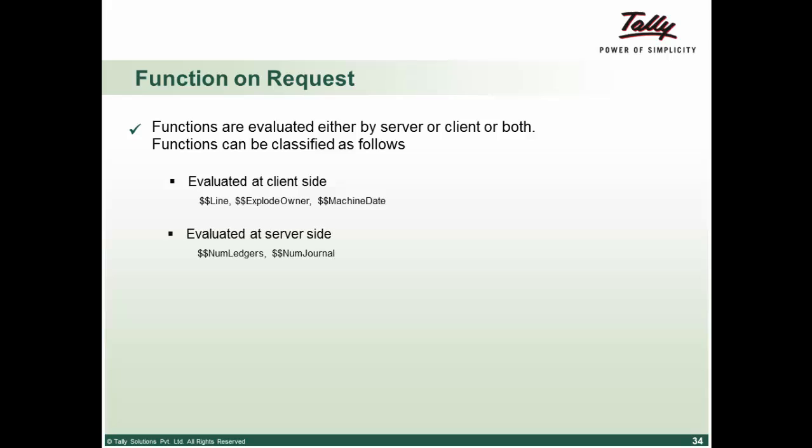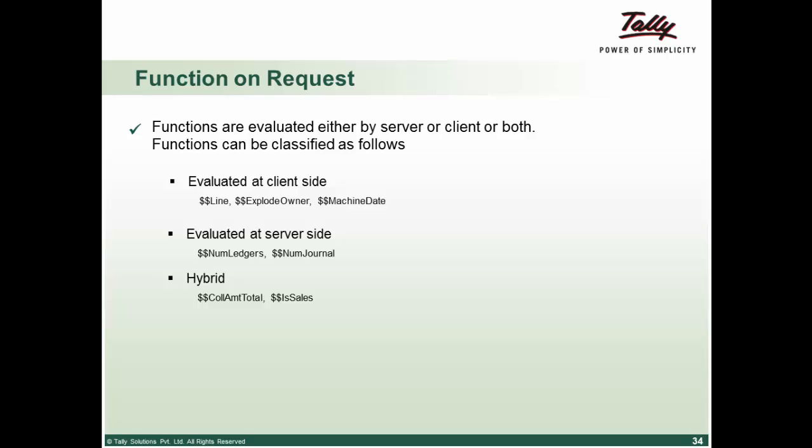Functions on request: based on the requirement, the behavior of the functions has been modified, whether it will be evaluated on the server side, the client side or both. Certain functions get evaluated at the client side only, that is $line, $owner, $machine date. Then we have server side functions like $num ledger, $num journal.